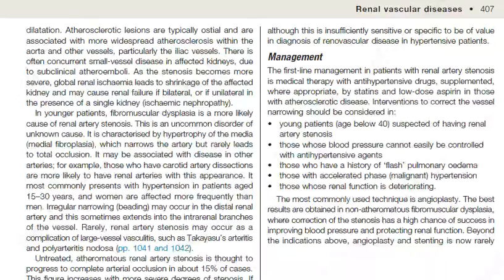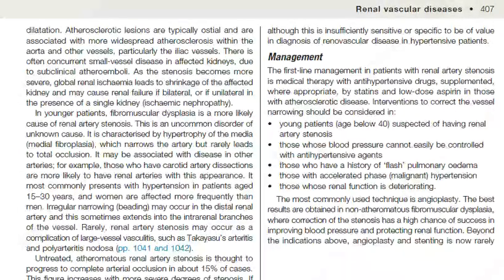Interventions to correct the vessel narrowing should be considered in young patients aged below 40 suspected of having renal artery stenosis, those whose blood pressure cannot easily be controlled with antihypertensive agents, those who have a history of flash pulmonary edema, those with accelerated phase malignant hypertension, and those whose renal function is deteriorating.